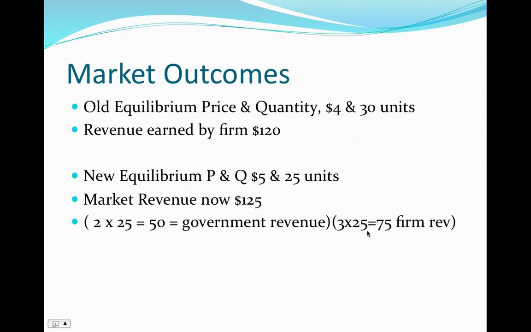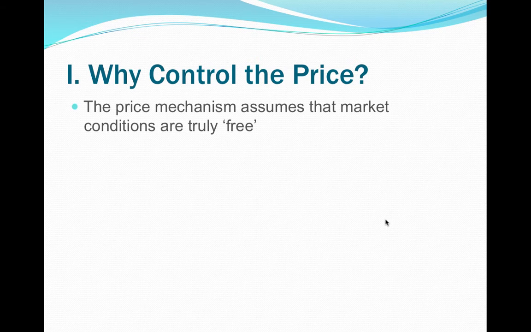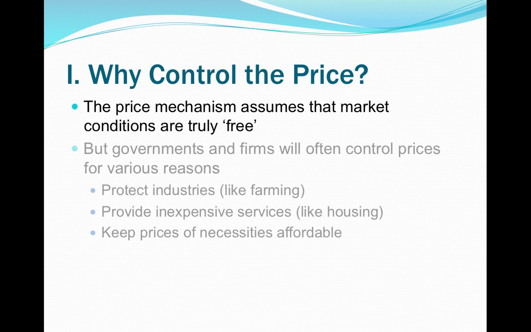Looking at that same diagram from the last page, the rest of the money in the price, which would be 3, times the quantity, you can see that the firm is now earning 75. So of that 125 that the market's earning now, 50 is going to the government and 75 is going to the firm. So ultimately, it's not quite as desirable as we might think.